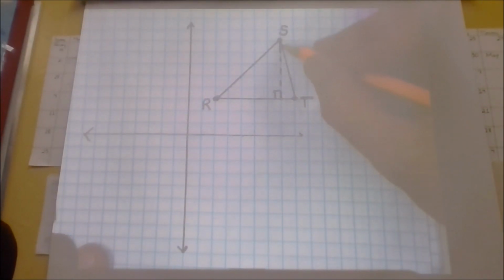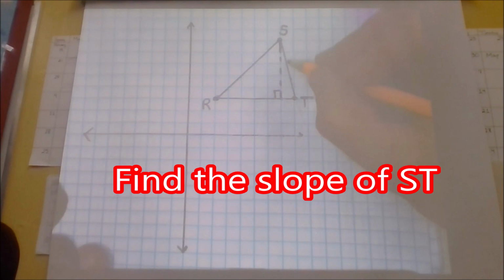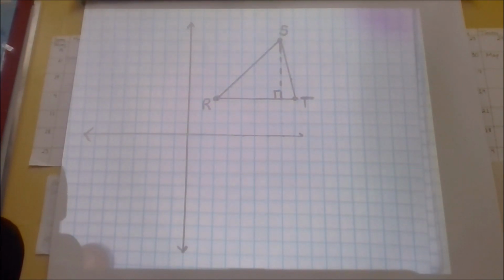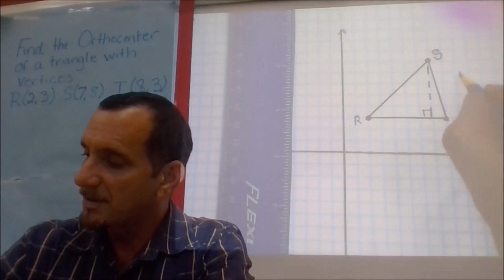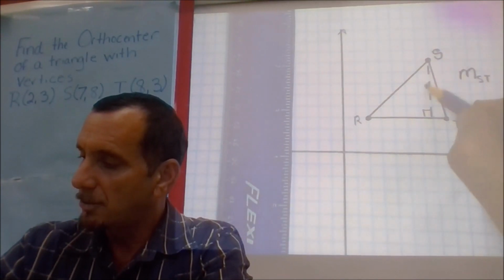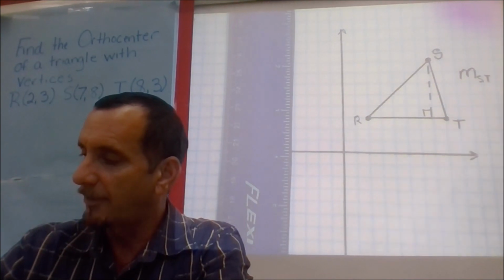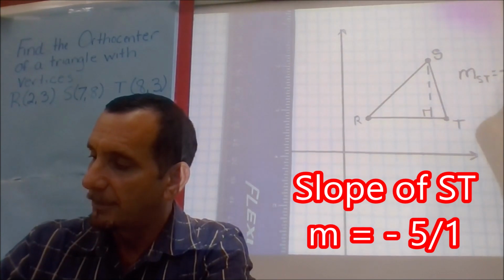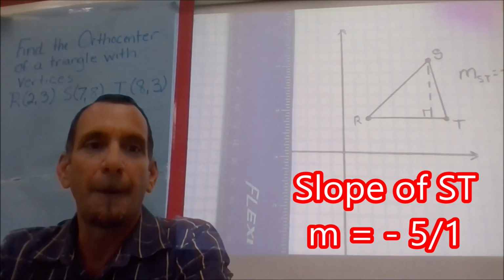So the first thing we're going to do is find the slope of ST using rise over run. So the slope of ST is 1, 2, 3, 4, down 5 over 1, which is a negative 5 over 1.